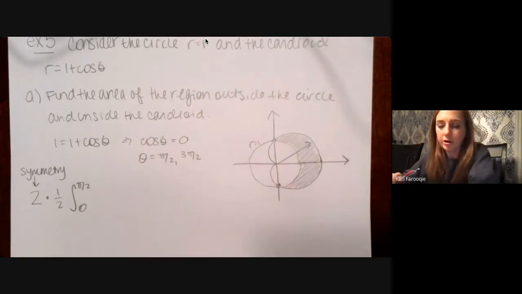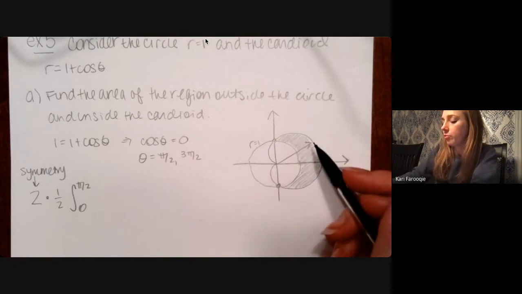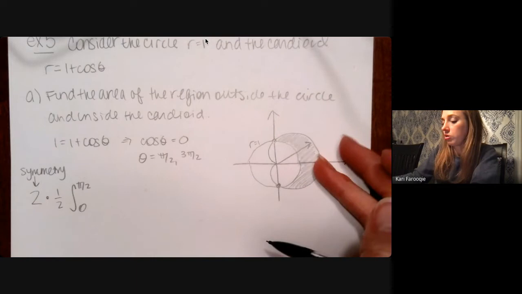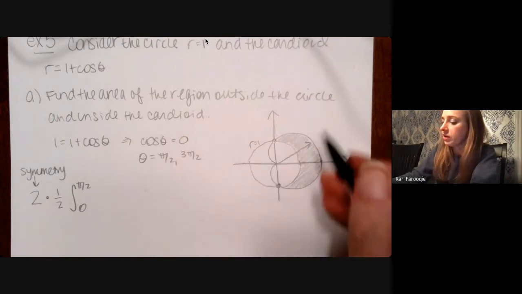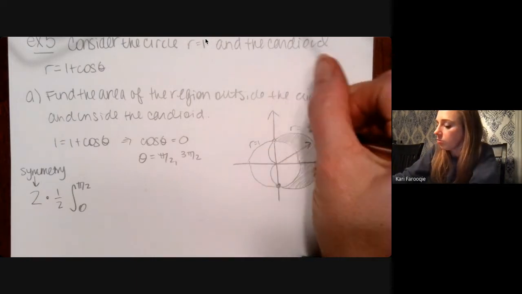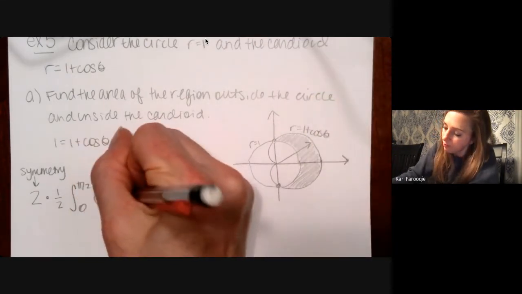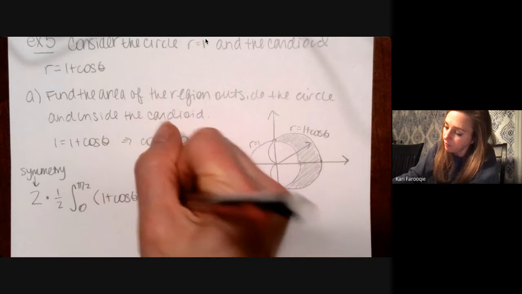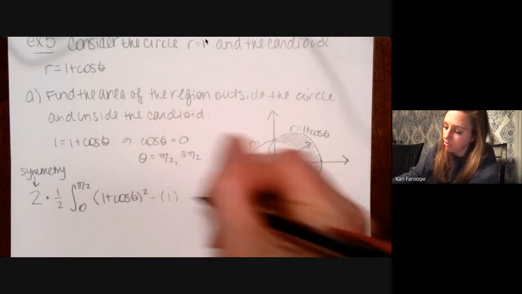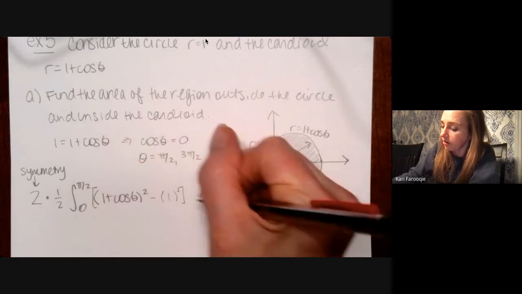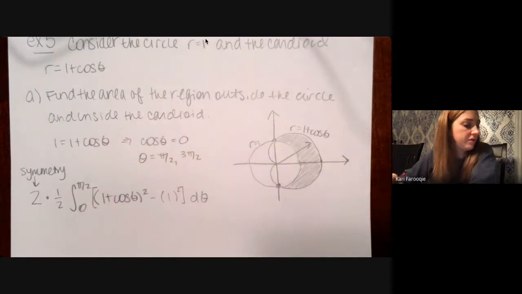So remember that our equation is going to be 1/2 times the integral of r squared d theta. So when I end up subtracting that area off, I'm just going to take that outer region squared minus the inner region squared. So the outer region, I didn't label that one, but it's 1 plus the cosine of theta, minus the inner region, which is just 1 squared, technically, d theta.